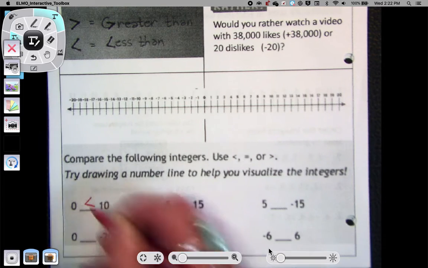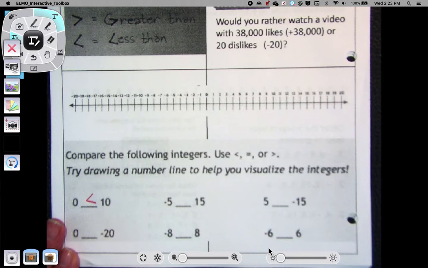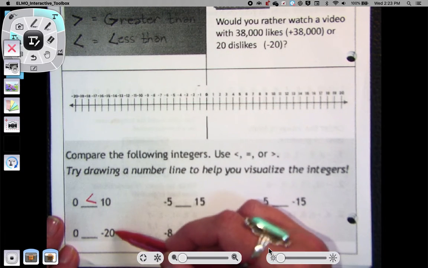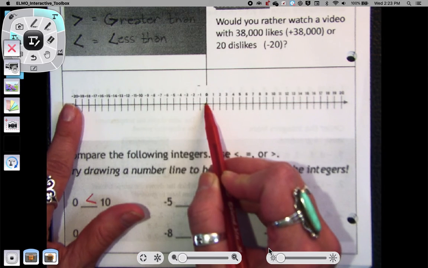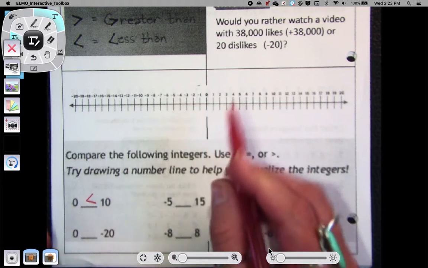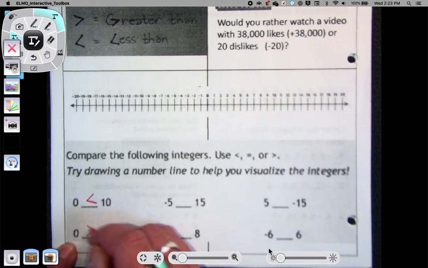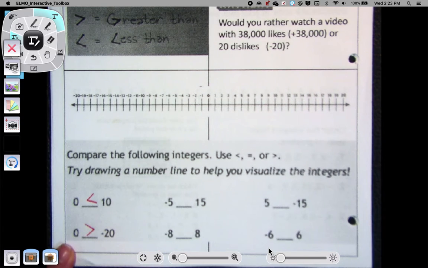And just like you learned in elementary school, the alligator eats the bigger number. When you're comparing the integers 0 and negative 20, negative 20 is on the left, so negative 20 is less than 0. The alligator is eating the bigger number.